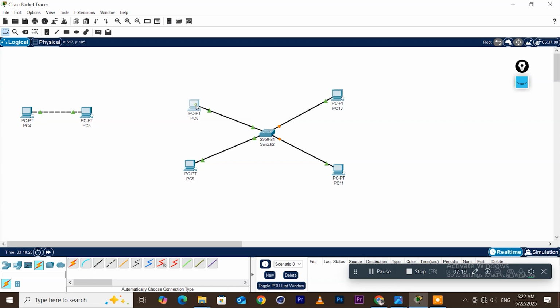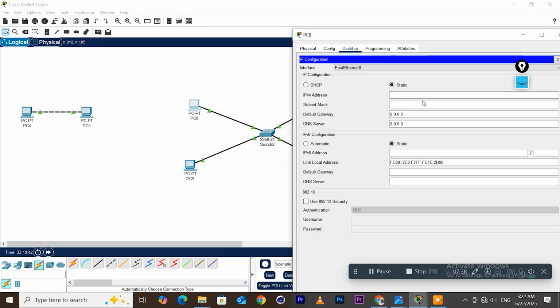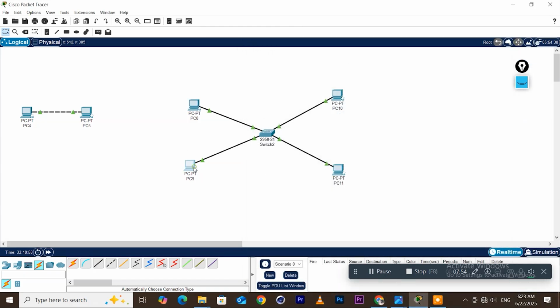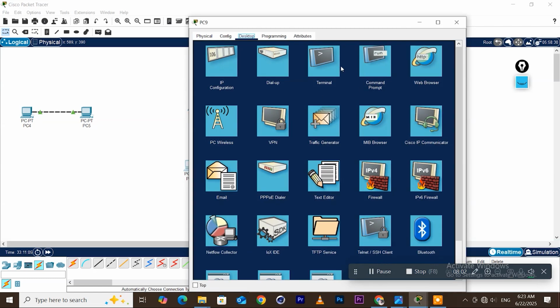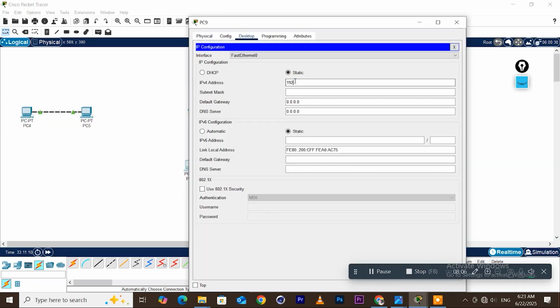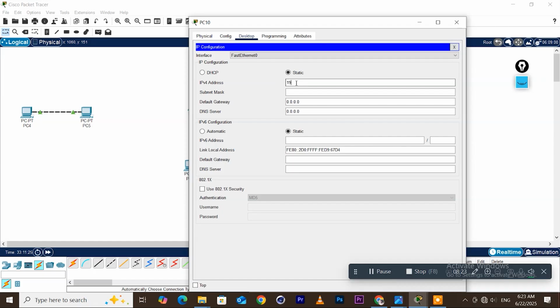Let's give them some IP addresses. Here we say 192.168.10.1. Then 192.168.10.2.